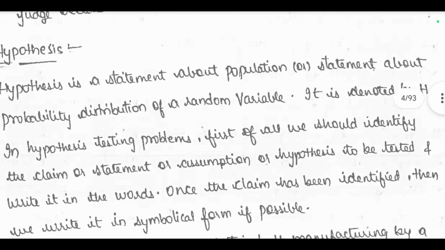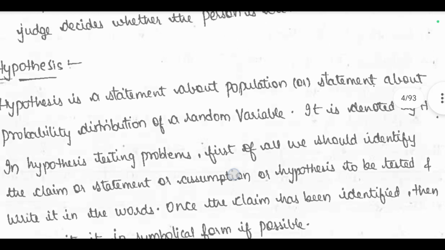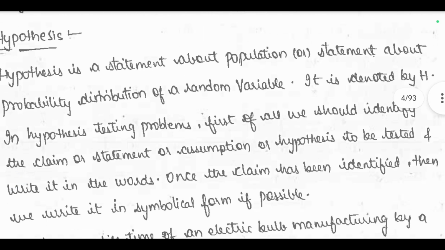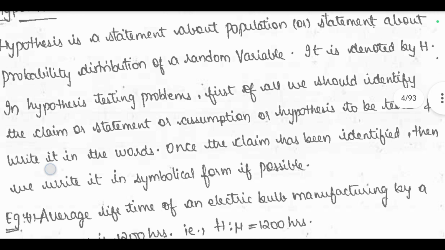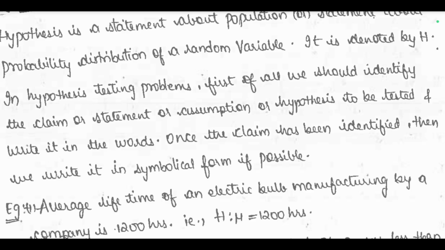Let's see the definition of hypothesis. Hypothesis is a statement about the population or a statement about the probability distribution of a random variable. It is denoted by capital letter H. In hypothesis testing problems, first of all, we should identify the claim or the statement or assumption or hypothesis to be tested, and write it in words.